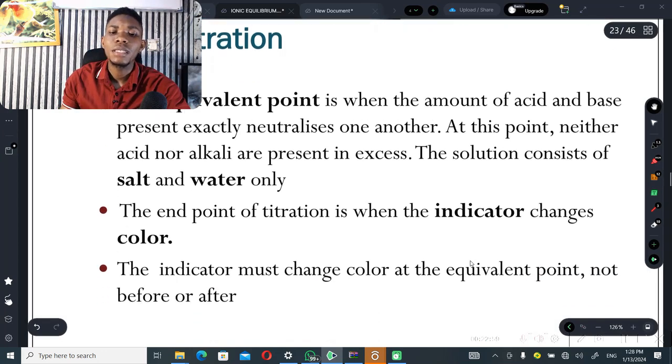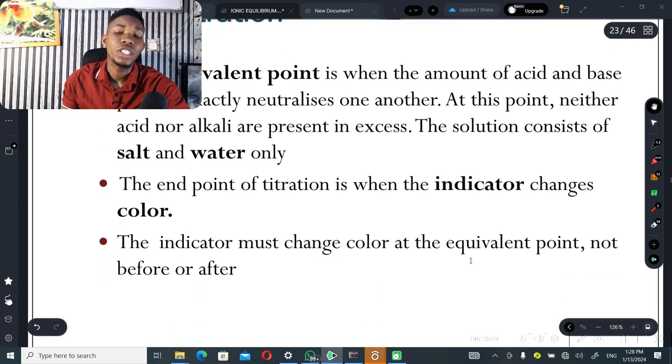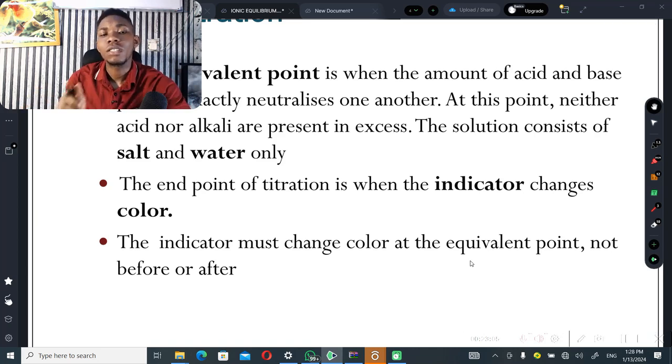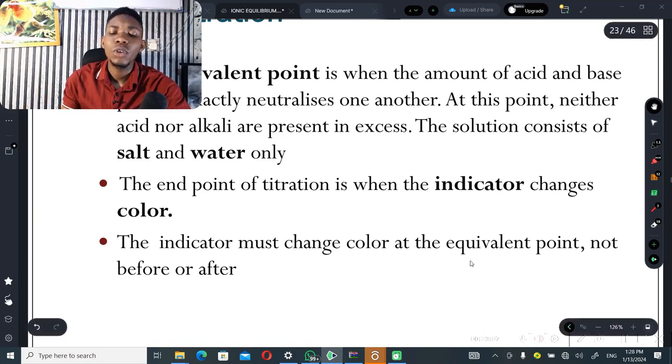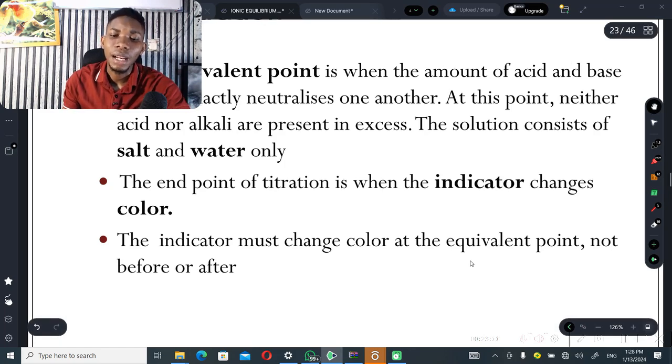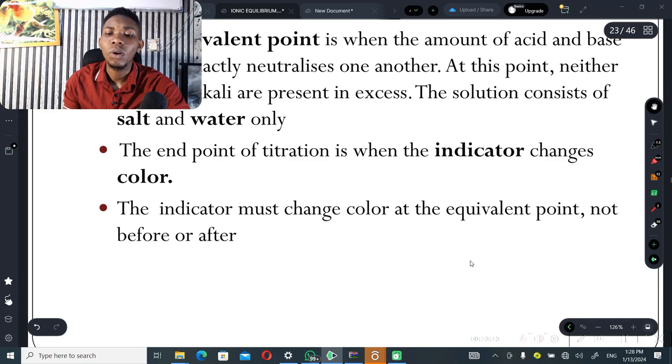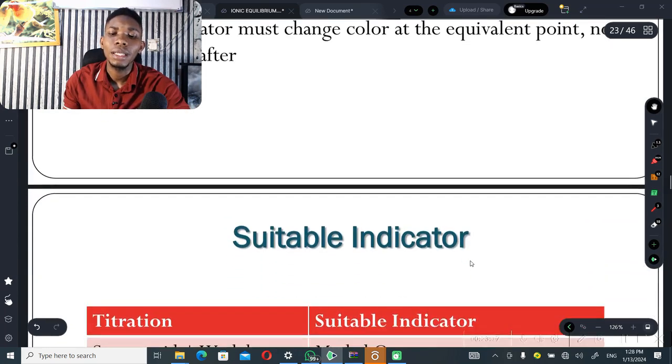Now the endpoint of titration is when the indicator changes color. The equivalent point is different from the endpoint. When the indicator changes color is the endpoint. The indicator must change color at the equivalent point, not before or after.